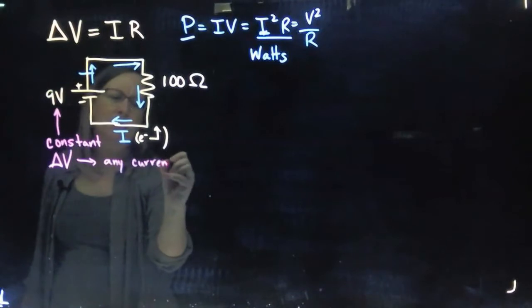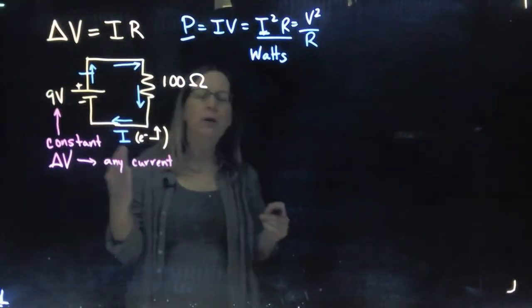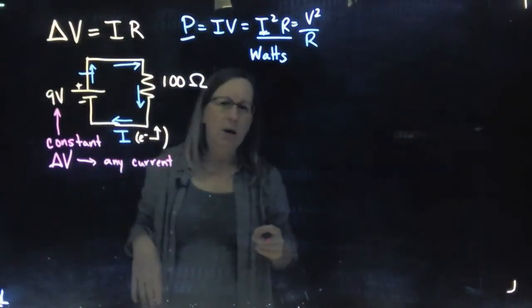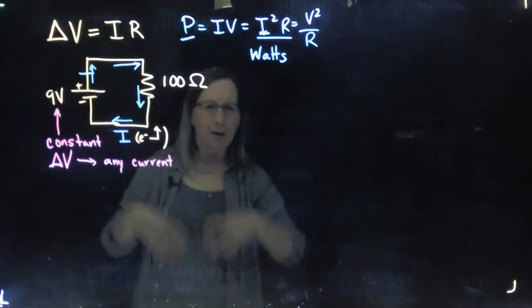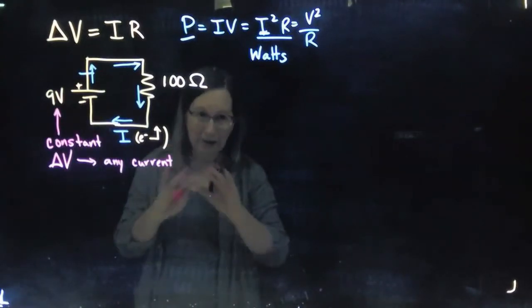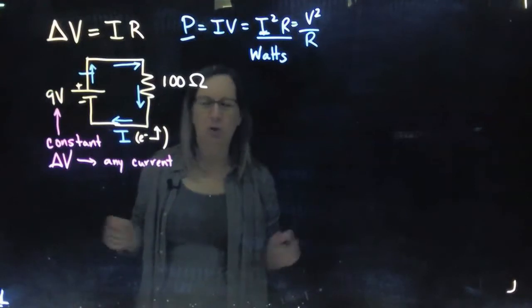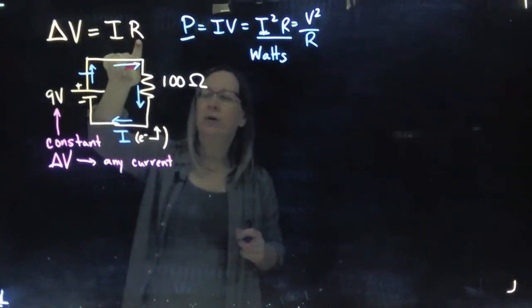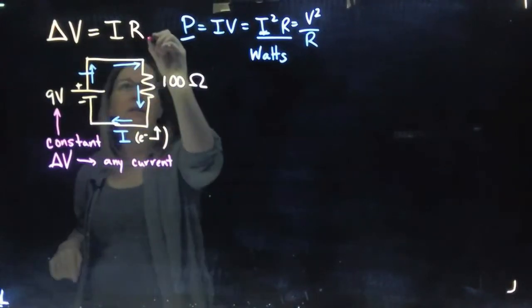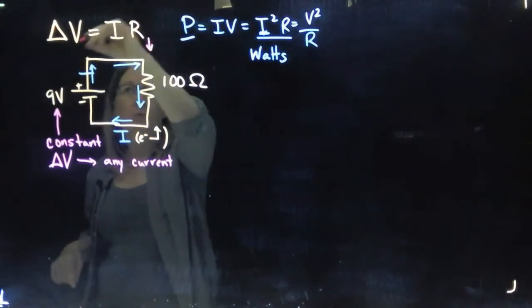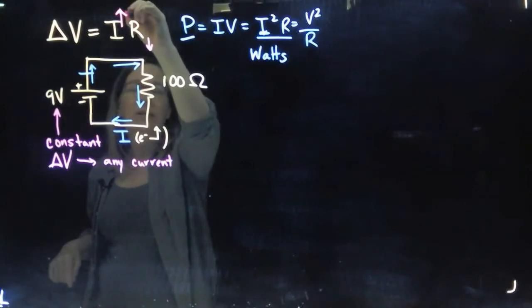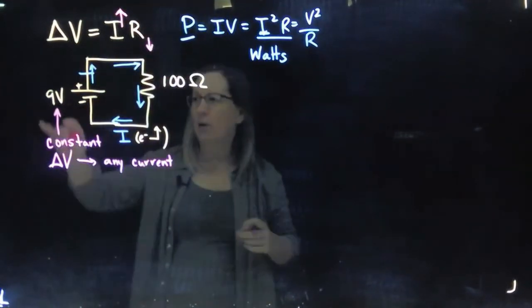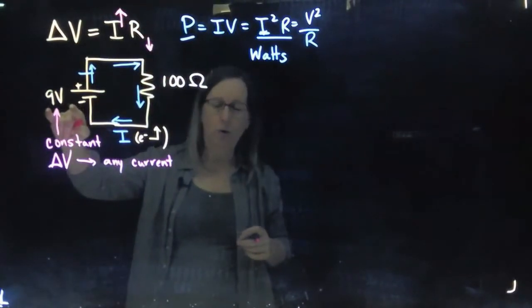Now, in reality, there are limits to this. It can only provide so much current. A 9-volt battery can provide a couple of amps of current, and then that's all it can do, and then it's short-circuited. So notice that as your R decreases, your current for the same battery must increase to balance this out, because we're always looking for 9 volts here.